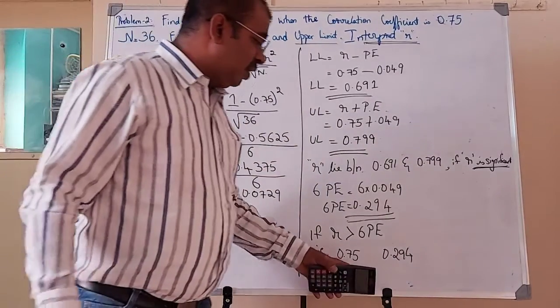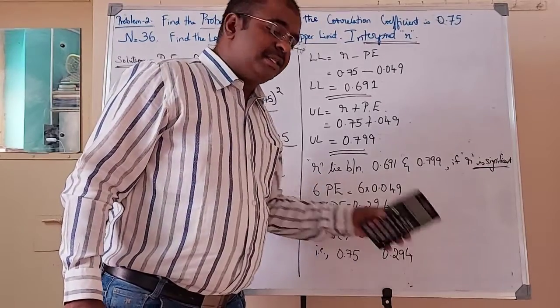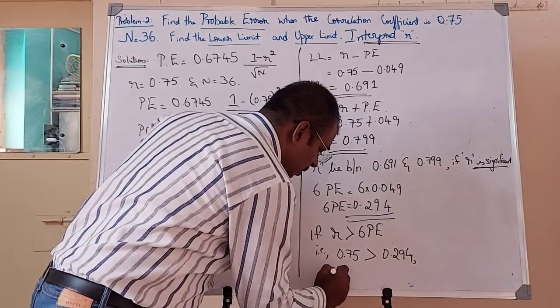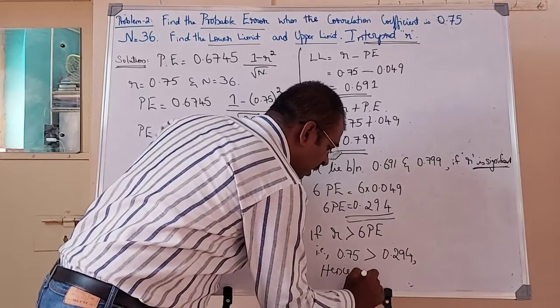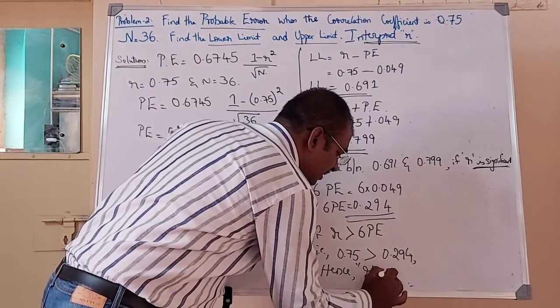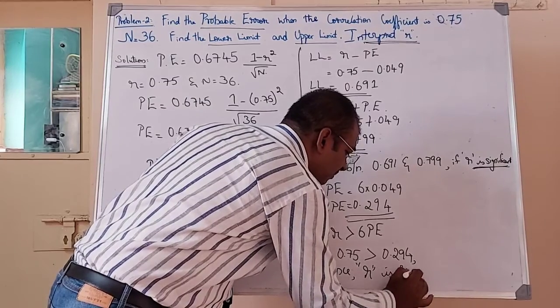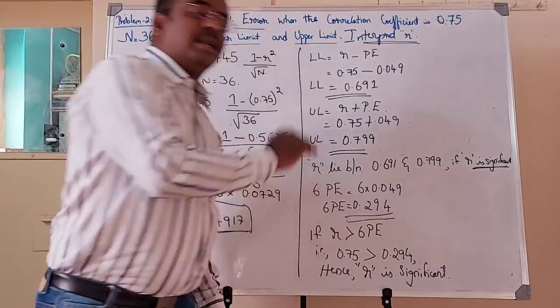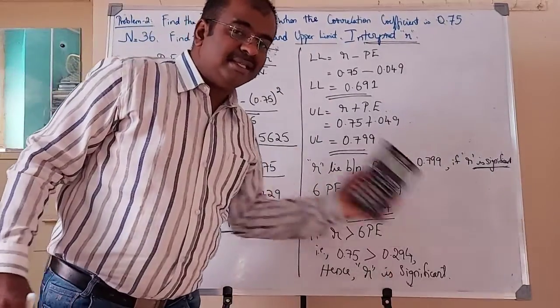Therefore, we can say that 0.75 is greater than 0.294. Hence, we can conclude that R is significant.